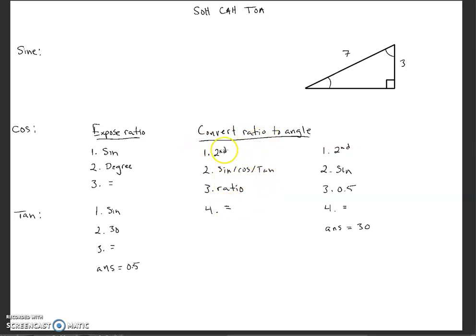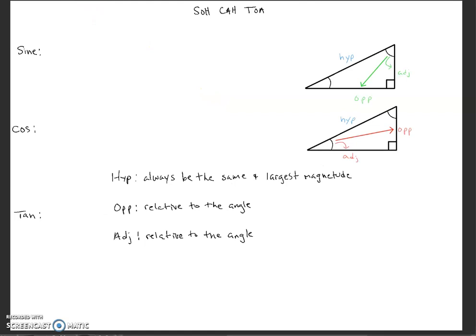You would hit second function, your sine, cos, or tan function, input the ratio, and then equals. For example, second function, sine 0.5 equals, and the answer you'll get will be 30. So that's just a little lesson on calculators, or that model of calculator.